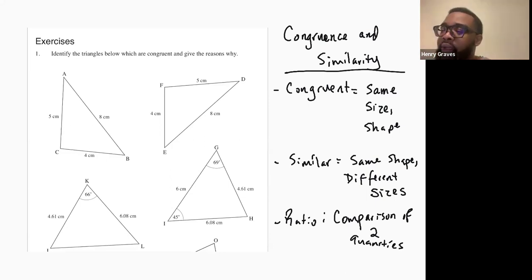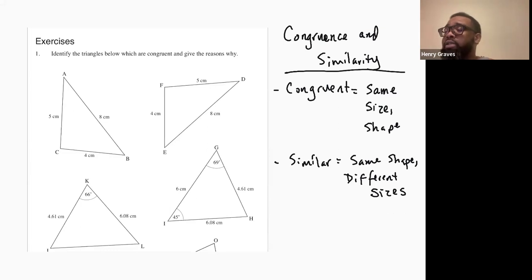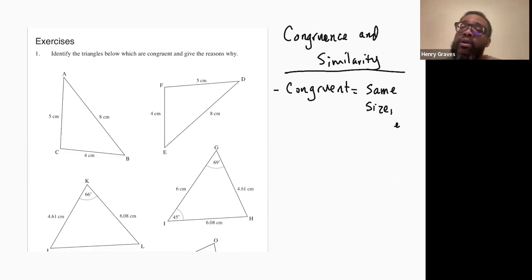In order to do this, I'm going to first erase everything I've written here, because I need the space. I'm going to be comparing the triangles ABC and DEF first.